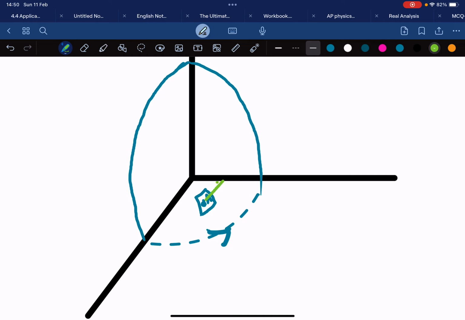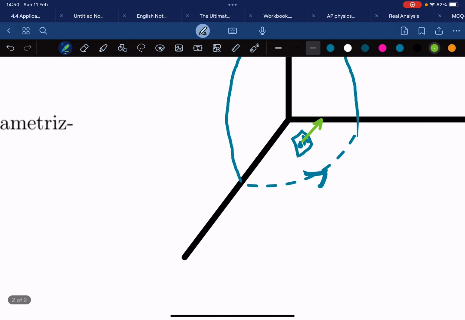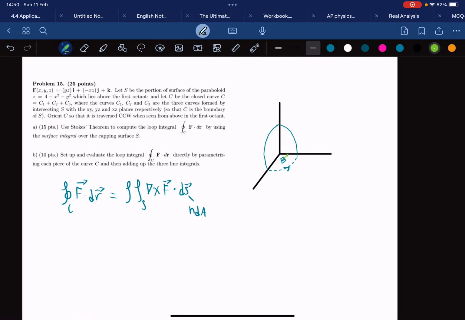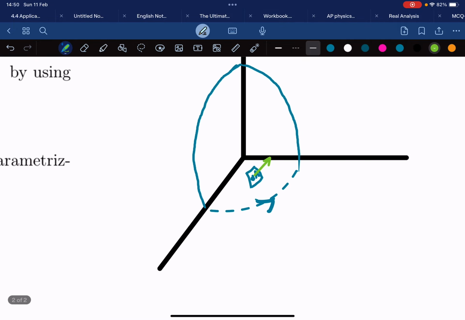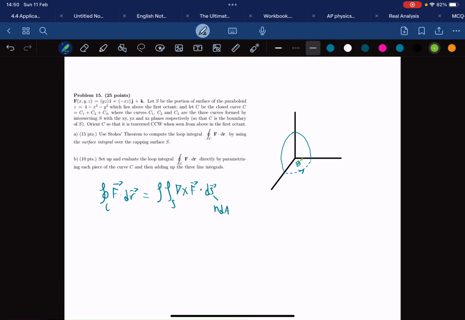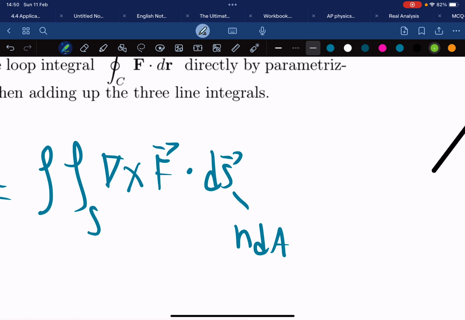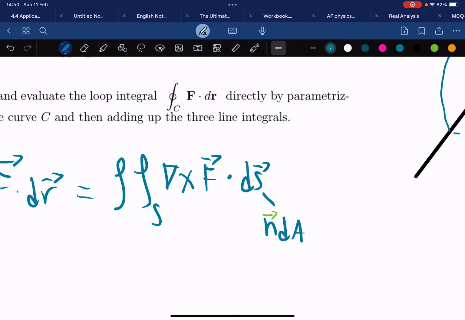It's going to be pointing away from the surface, and we can choose two normal vectors, pointing out or pointing in, but since this is traveling counterclockwise and the surface is on our left, that means it's pointing out. It would be better if it signified this is a vector.